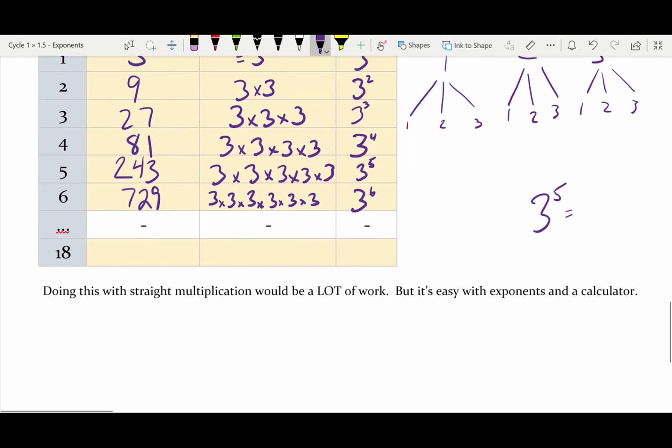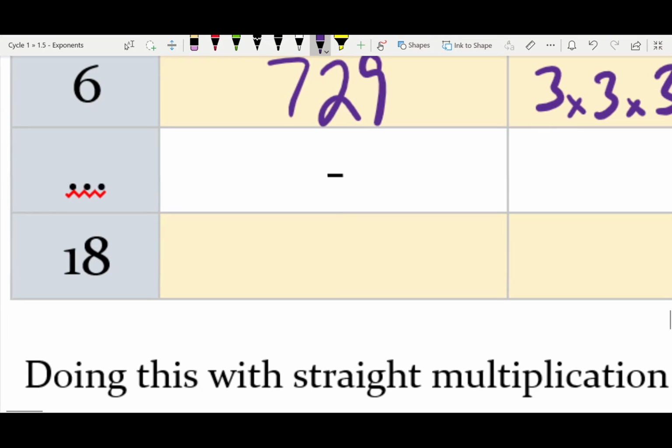And then we get to the point where after 18 days, how many people know? What's 3 to the power 18? That's a tough one. Some massive number, probably.